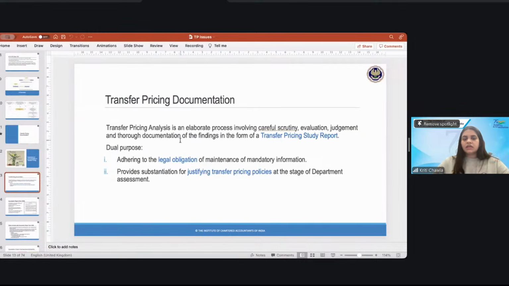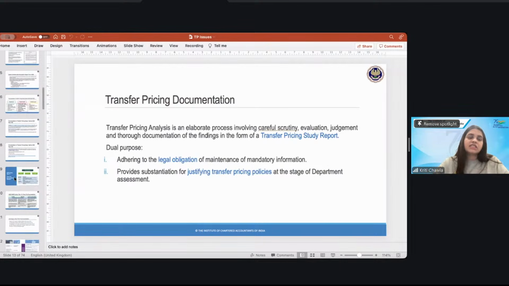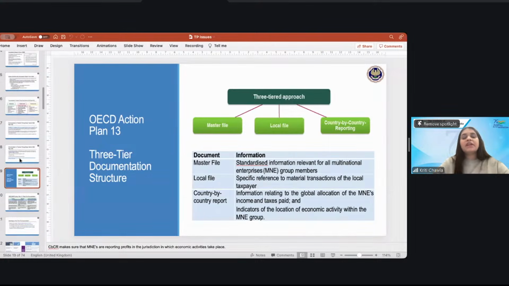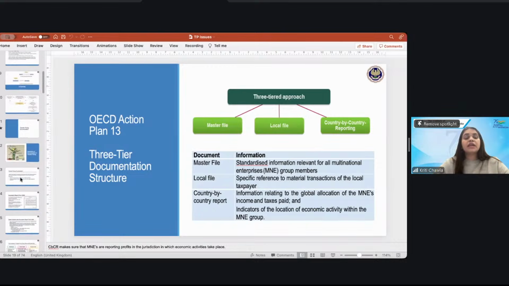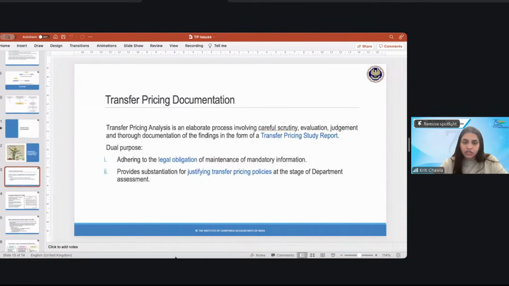Okay, so these are basically the documentation structure that you will have to maintain for the purposes of international transactions and for specified domestic transactions also. Now, when it comes to the master file and country by country reporting, this is something that we'll discuss here. But I wanted to actually talk about transfer pricing documentation from an Indian domestic standpoint.